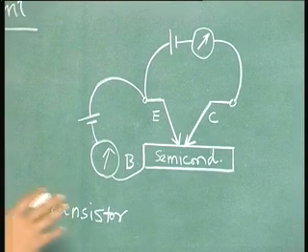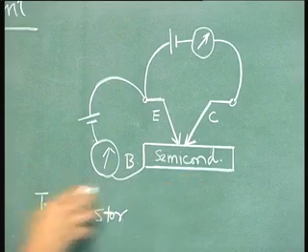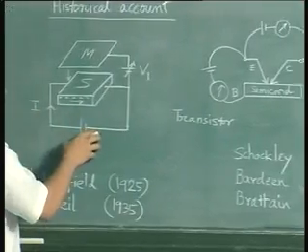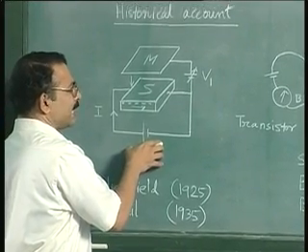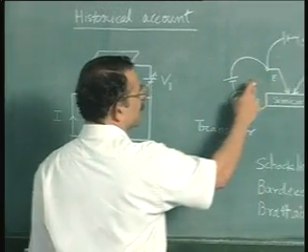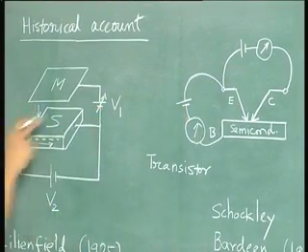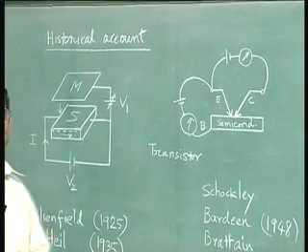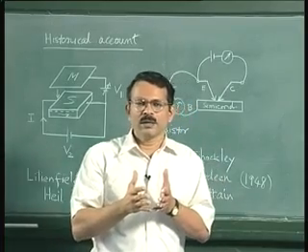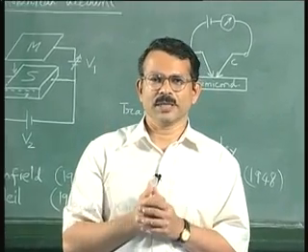So though the action of this particular device was different from this particular device that was proposed, in the sense that here the current in this loop was controlling the current in the other loop, whereas here the voltage was supposed to control the current here, but otherwise the two devices are similar in that one terminal controls the current through the other two terminals.